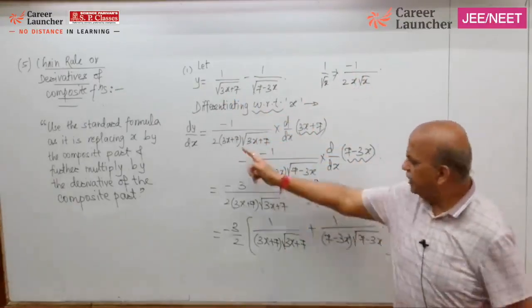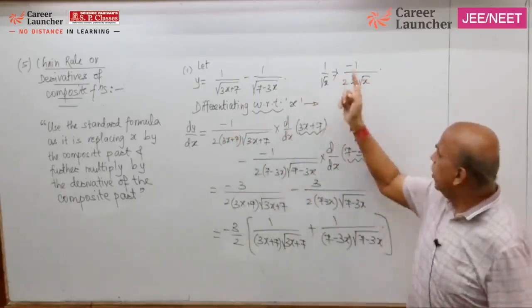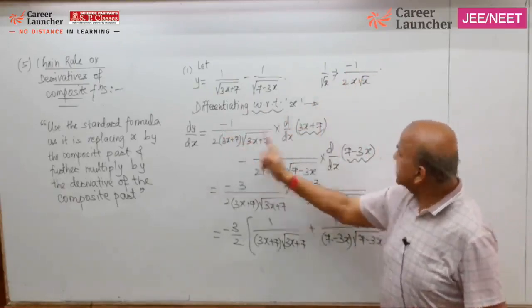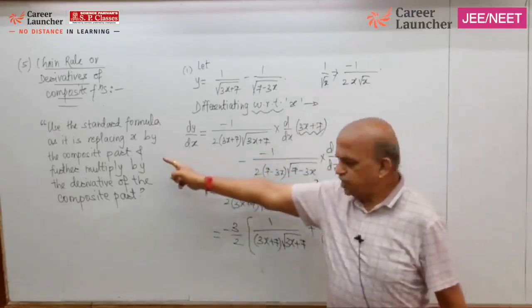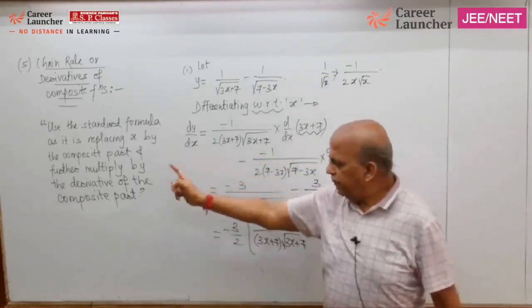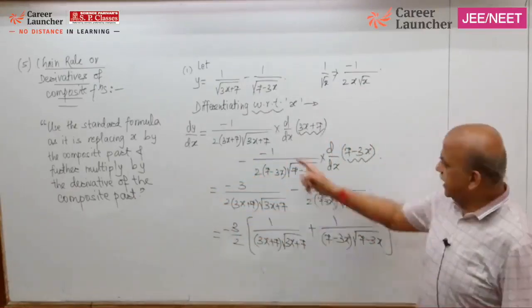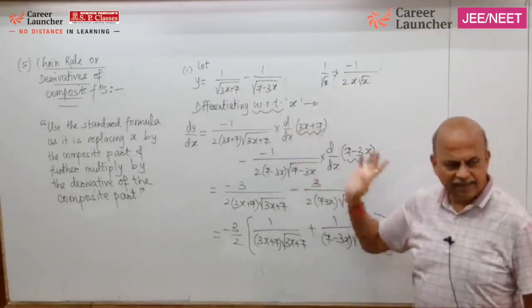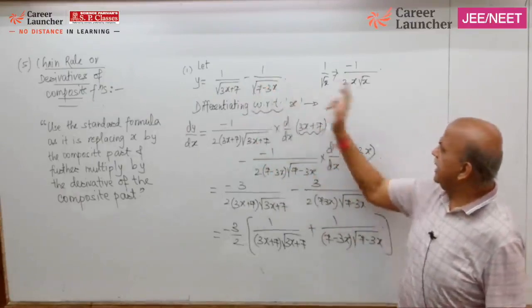So the answer is minus 1 upon 2 (3x plus 7) root of 3x plus 7. The chain rule says further multiply by the derivative of the composite part. So what is the derivative of the composite part? D by dx of 3x plus 7, with the minus as it is.